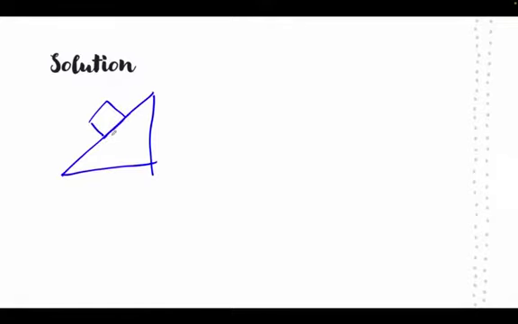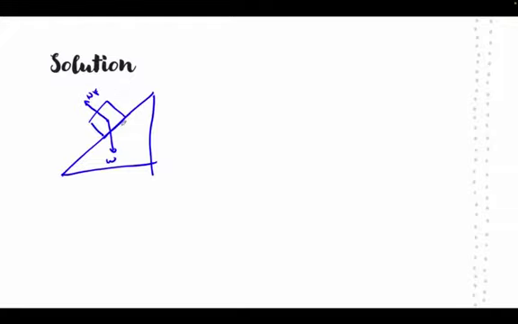Now, the first thing we do is, of course, draw the forces acting on this block. Since this block has a mass, it's going to have a weight. Since it's resting on a surface, it's going to have a normal force.